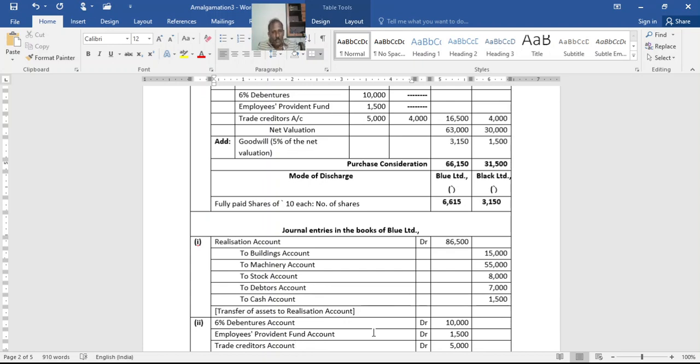When you divide 66,150 as well as 31,500 by 10, you will get 6,615 shares to be given to shareholders of Blue Limited, and 3,150 to be given to shareholders of Black Limited. This is about purchase consideration.